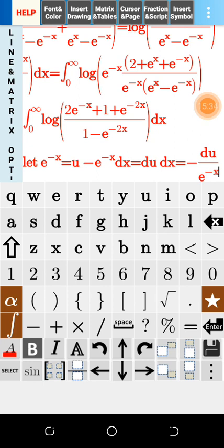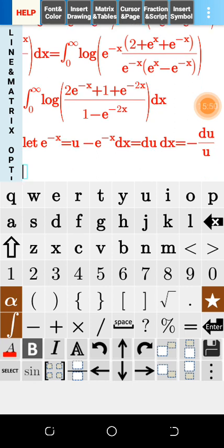So dx will now be minus du over u. Now replacing e^(-x) by u, and our limits: e^(-infinity) will give us 0, and e^(-0) will give us 1.